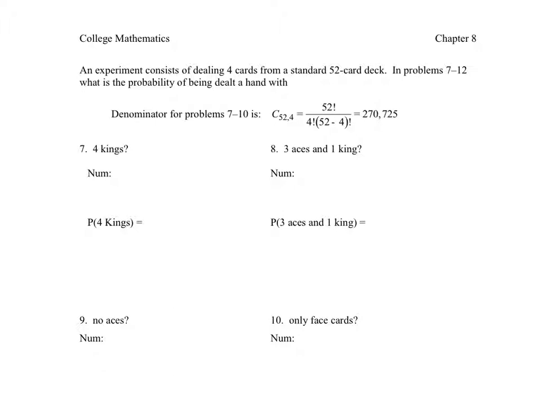You have permutations and combinations, and I believe we did review this a little bit back in chapter 7 as well. But just in case it's been a little while, let's talk about this. When it's a permutation, order matters.